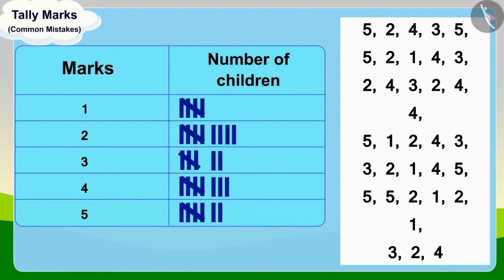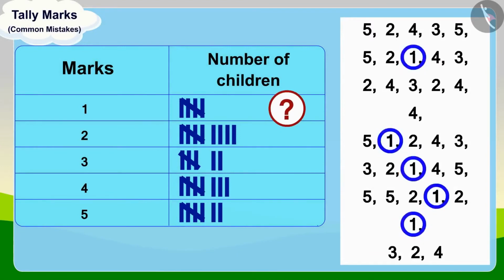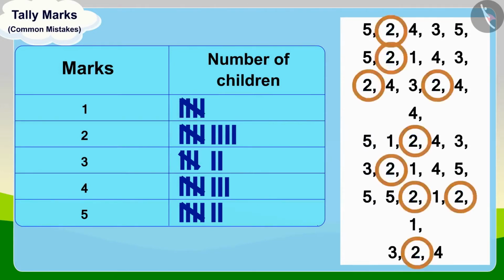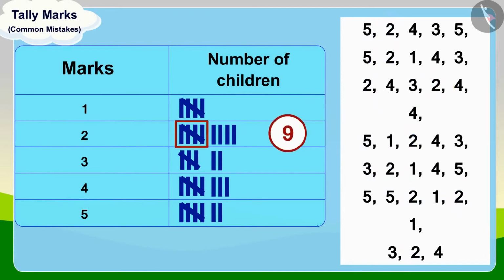Children, can you find out how many tally marks should be there for 1 mark? That's correct. 1 group of tally marks. And for 2 marks, 1 group of tally marks and 4 lines.